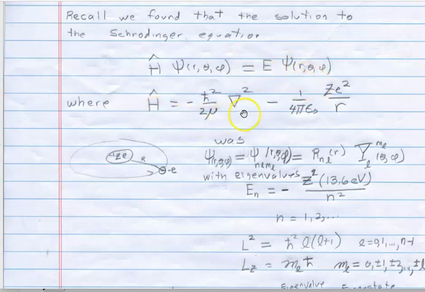In our case, we're looking at the Hamiltonian that has this kinetic energy operator and this piece here, which is the potential energy operator. This is simply the potential energy of an electron in the presence of a nucleus that has a plus Ze charge, and that's the picture I look at here.